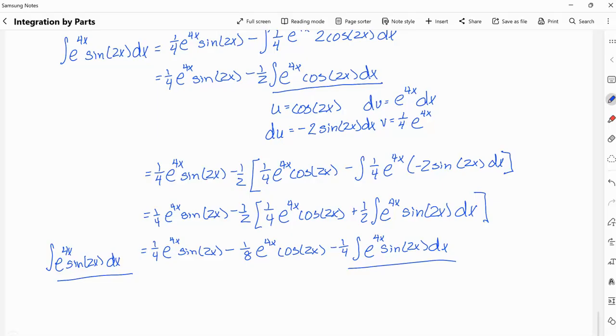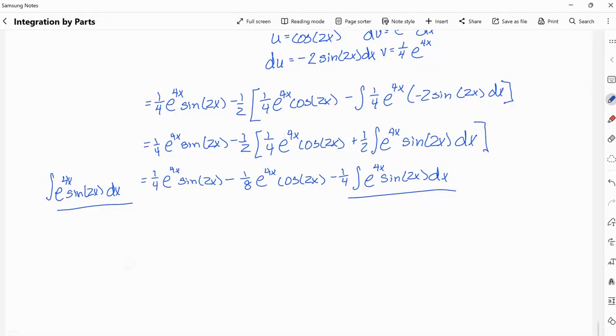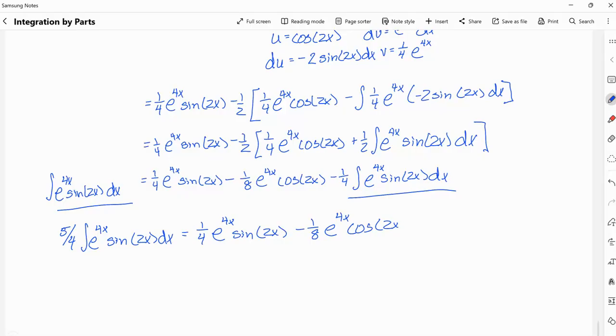Now we've got this little equation we can solve. Let's move this guy to the other side. So if I have one of those plus 1/4 of those, that means I have 5/4 of those integrals. And remember, we're still going to have a plus c over here.